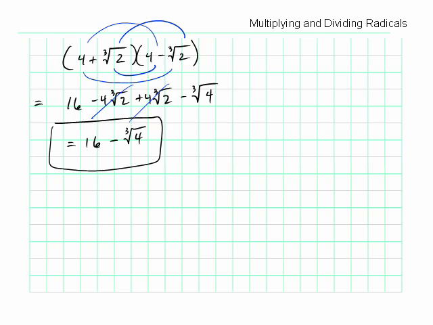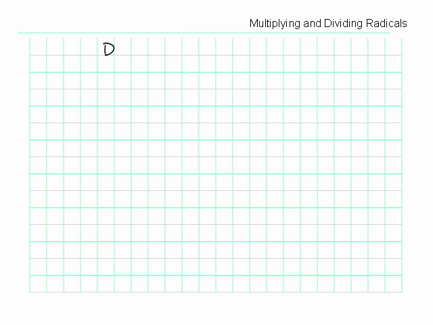Okay, very good. Okay, moving on. These were all examples of multiplying radicals. Now we're going to look at some dividing. And a special case of that is where we rationalize. It's called rationalize the denominator.